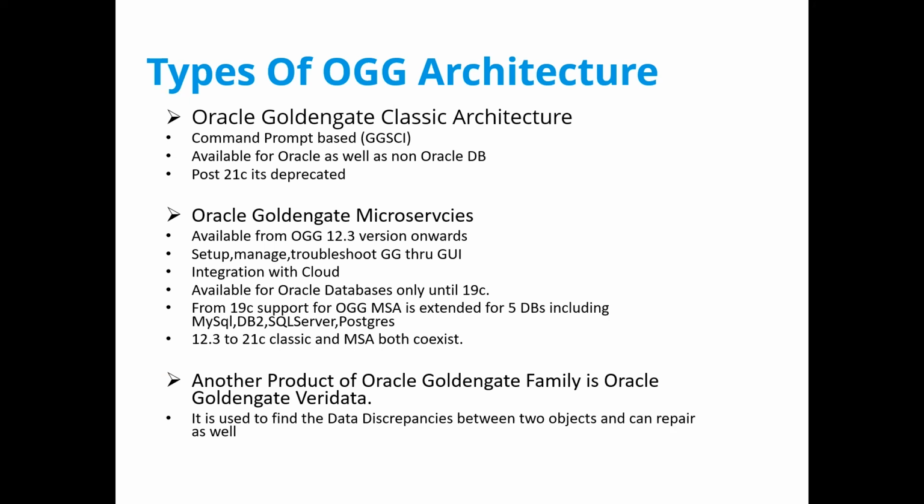So the Oracle GoldenGate family as a whole contains three things: classic architecture, microservices, and Veridata. When you go for any interview or job support, any question in the Oracle GoldenGate environment will come from these three things only: classic architecture and/or microservices and/or Veridata.